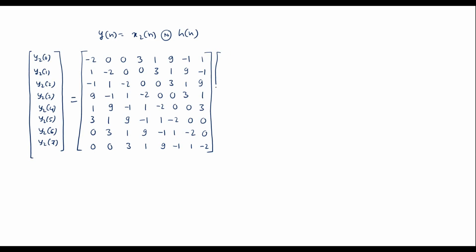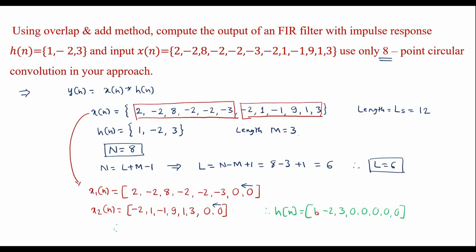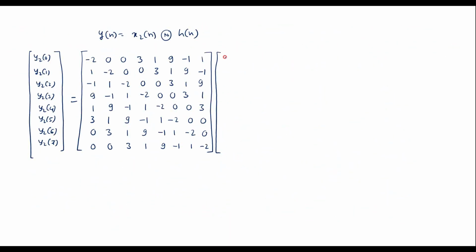So now here we'll write the H of n matrix, that is 1, minus 2, 3, all are zeros.